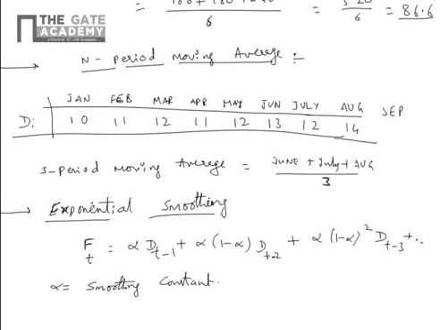The smaller the value of alpha, the more the smoothing effect in the forecast.